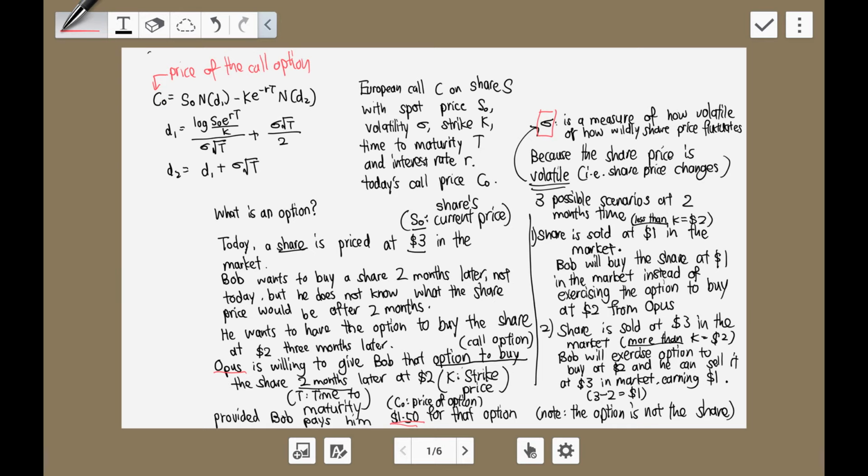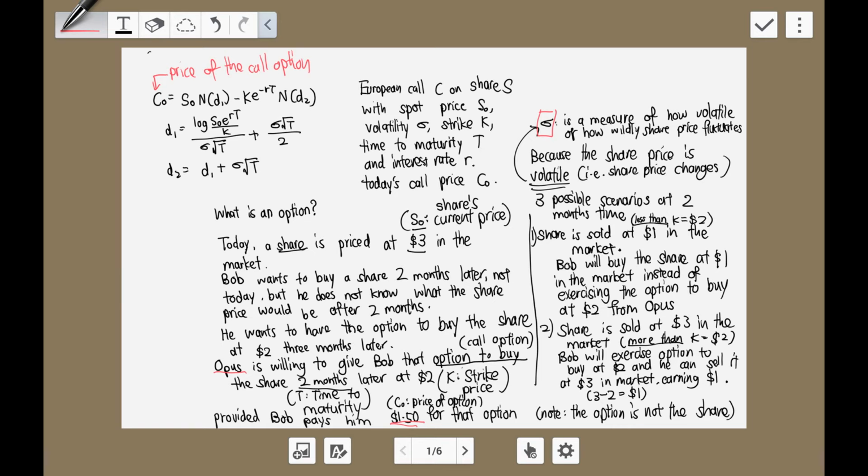Now, the choice left with Bob is whether to exercise the option. That means whether to buy the share at $2 from Opus or to buy the share at $1 in the market. Of course, now Bob can buy it cheaper at $1 in the market. He wouldn't exercise the option to buy at $2. So therefore, he will just give up on the option. The $1.50 was already paid to Opus when he bought the option, so he couldn't get it back.